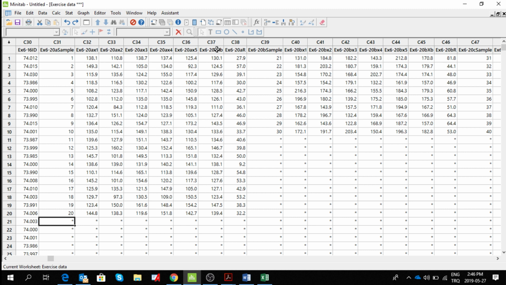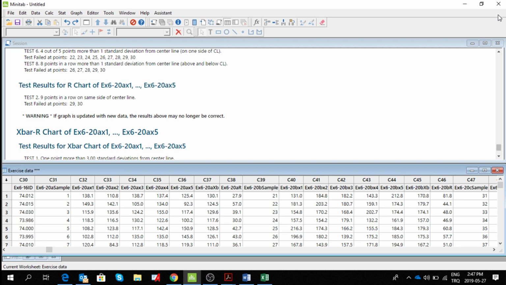Here x bar is the average of each sample, and R is the range that corresponds to these 5 observations. So you should first understand the data set, how it is given. We understood that.